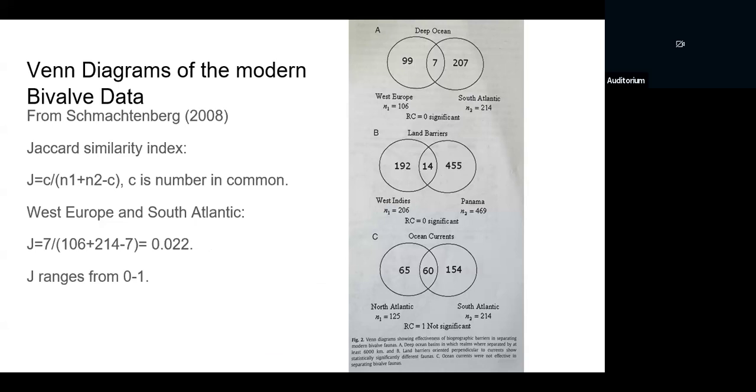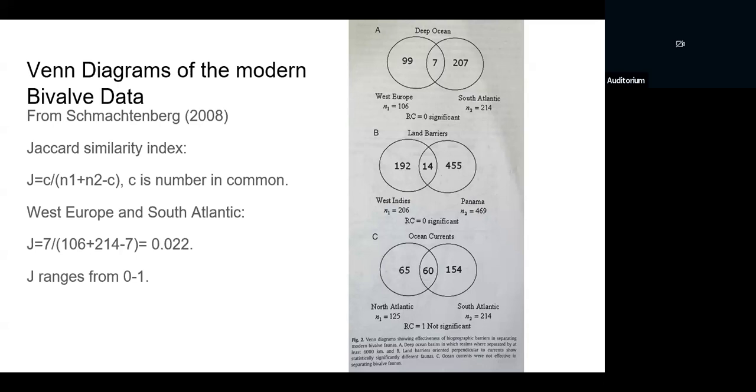So I'm comparing European with American faunas. Then here shows West Indies versus Panama. So this would be the Atlantic versus Pacific. And then this would be North Atlantic versus South Atlantic, comparing to see if these clams were the same.